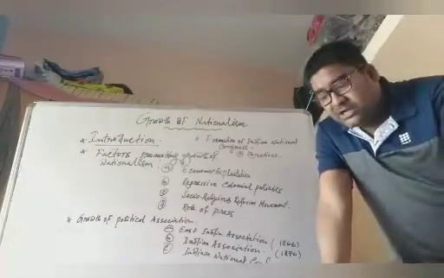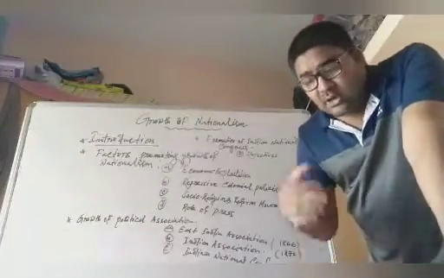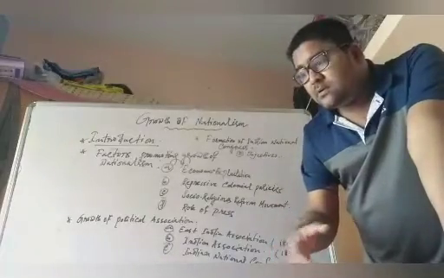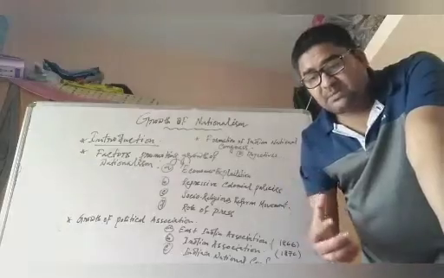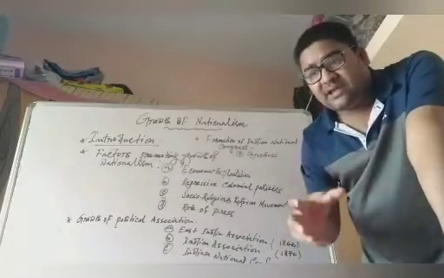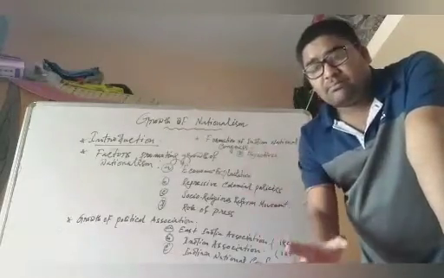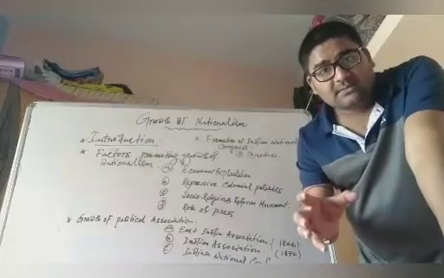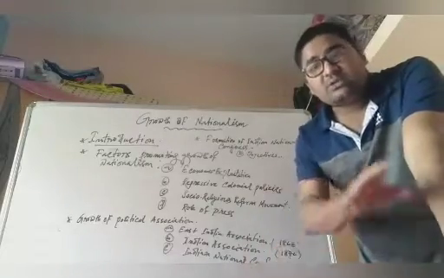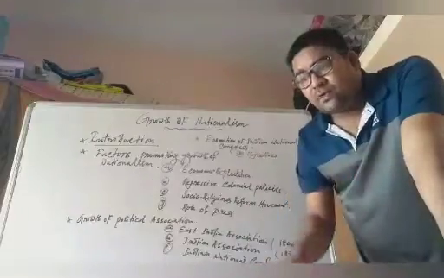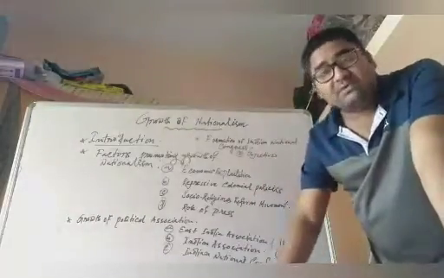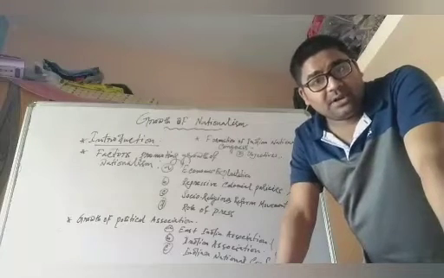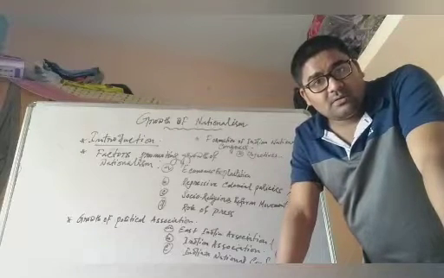The British intention was that they wanted to know the grievances of the people, and then they could pacify them by giving them some of their demands or wishes, so they could prevent further revolt like the revolt of 1857, because the British feared the revolt of 1857 very much.